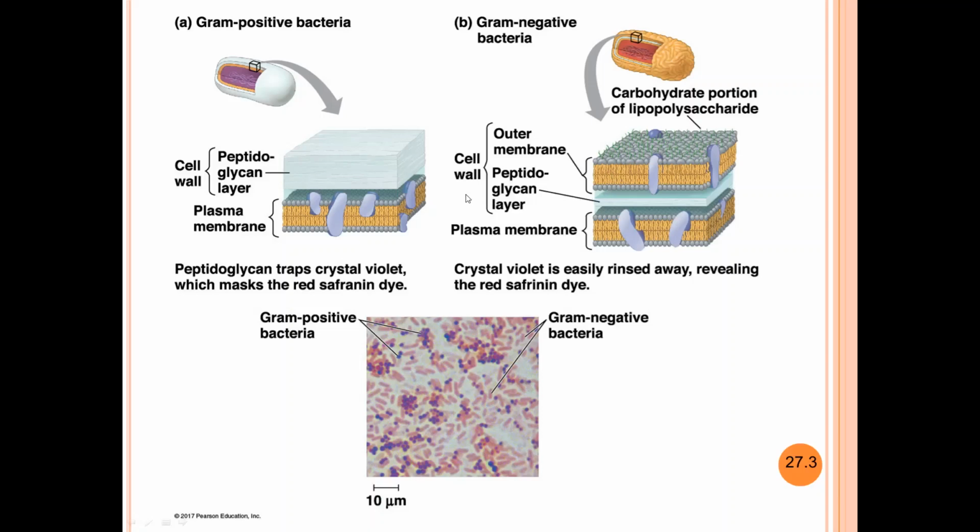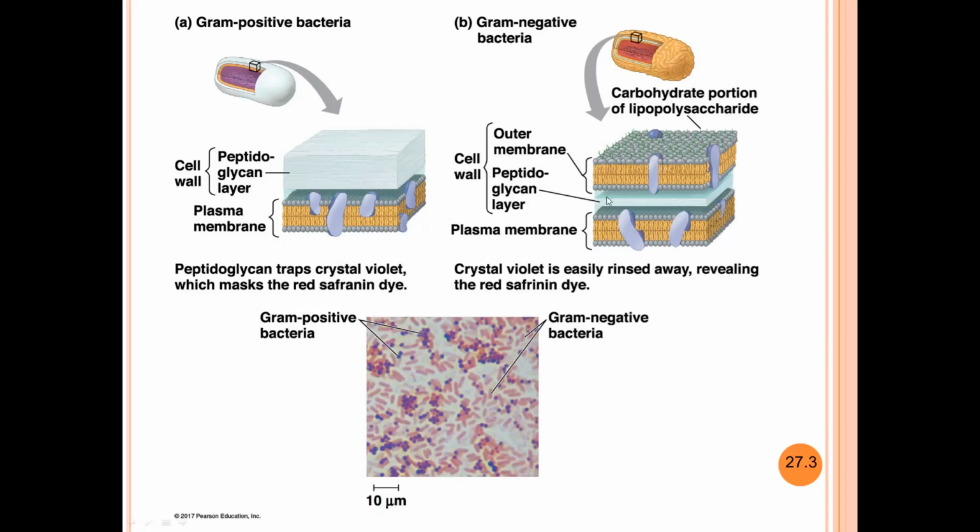In the gram stain for a gram-positive bacteria, when you put on purple iodine, it is going to basically be soaked in, if you will, or absorbed by this very thick layer of peptidoglycan. And when you go to rinse as your final step, the purple color remains.